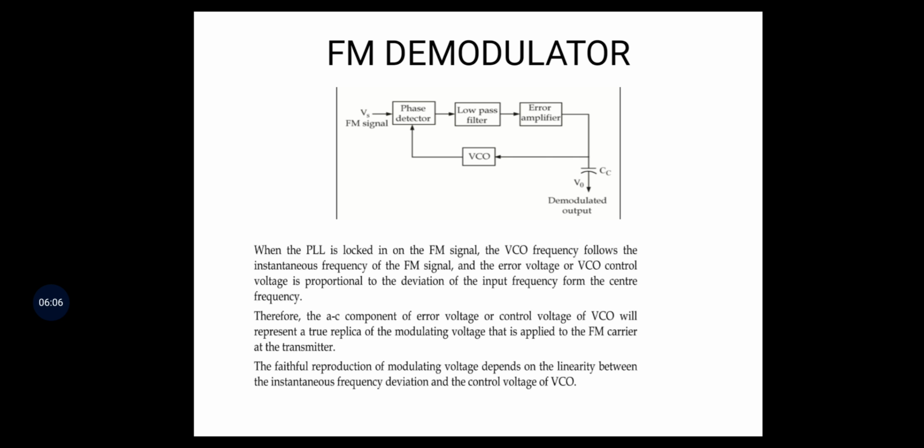When the PLL is locked on the FM signal, the voltage control oscillator frequency follows the instantaneous frequency of the FM signal. The error voltage or voltage control oscillator control voltage is proportional to the deviation of the input frequency from the center frequency.